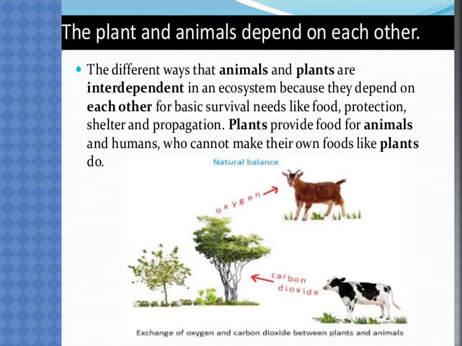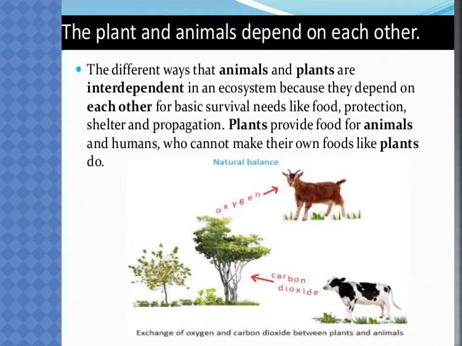So they help to return the minerals from the bodies of plants and animals back to nature. These minerals and elements are taken up by plants and animals and the cycle continues. How does that happen? The roots of the plants take the minerals.